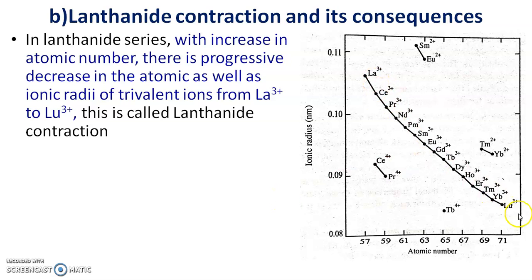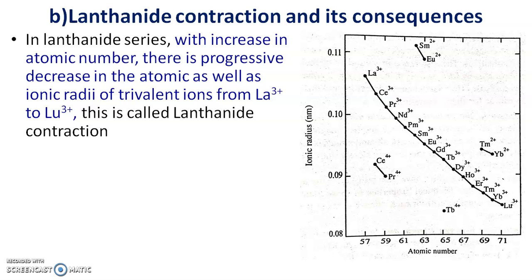Now what is the reason for this? From lanthanum to lutetium, atomic number increases by 1 unit, and therefore protons are progressively added in the nucleus. At the same time, electrons in the 4f orbital are also progressively added.